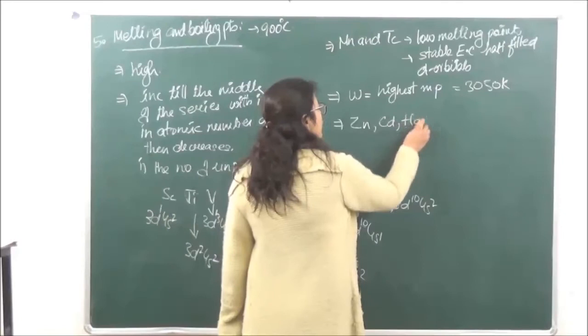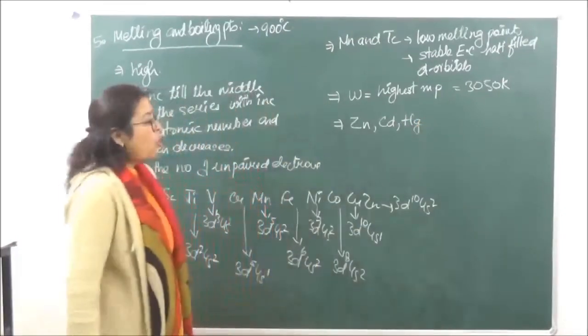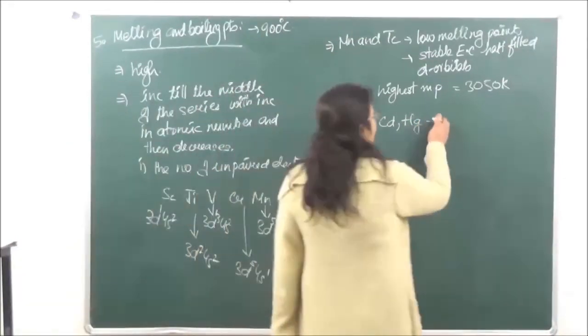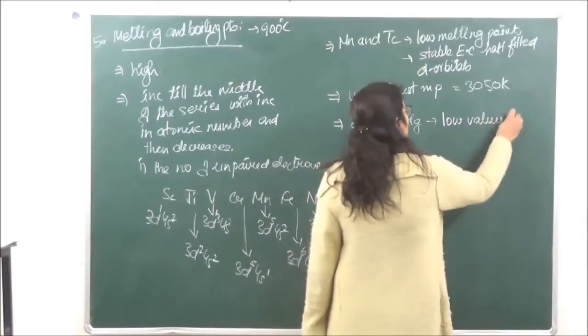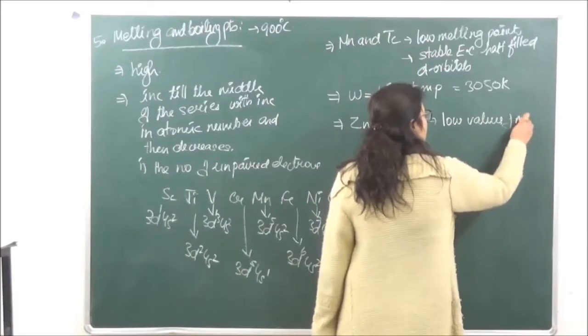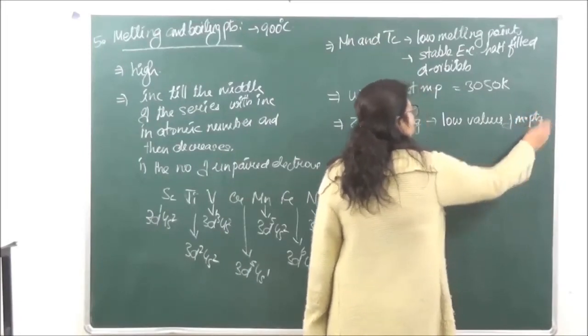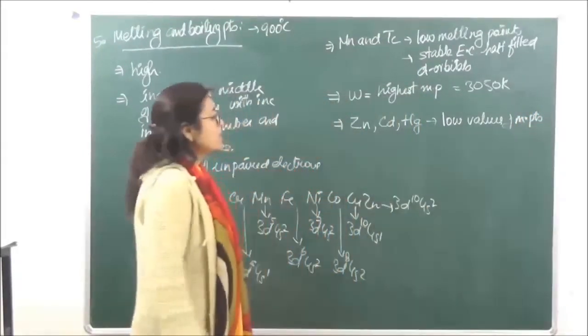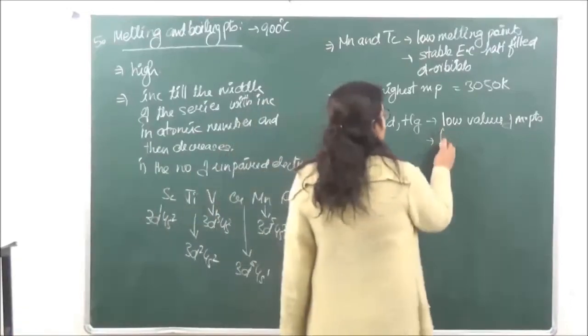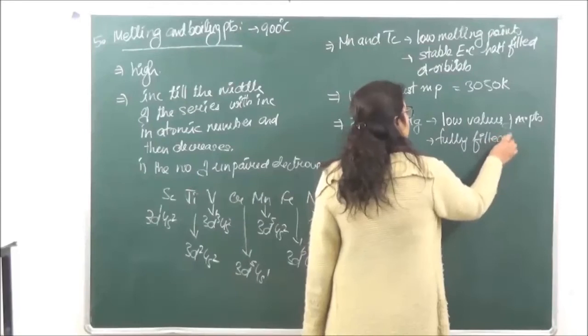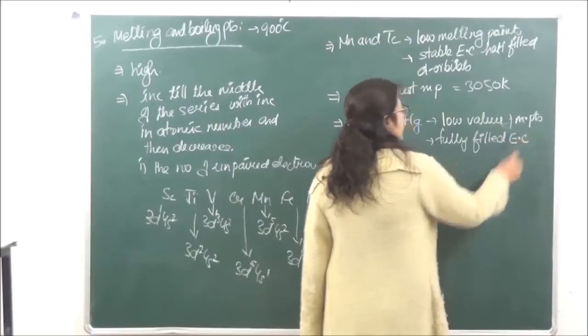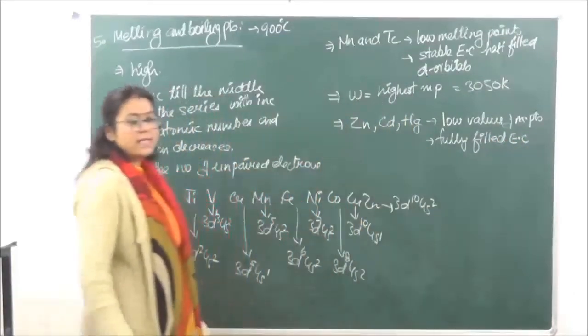But when we are talking of certain elements, for example zinc, cadmium, and mercury, all these three have low values of melting points. The reason behind this is the fully filled electronic configuration in the d subshell.